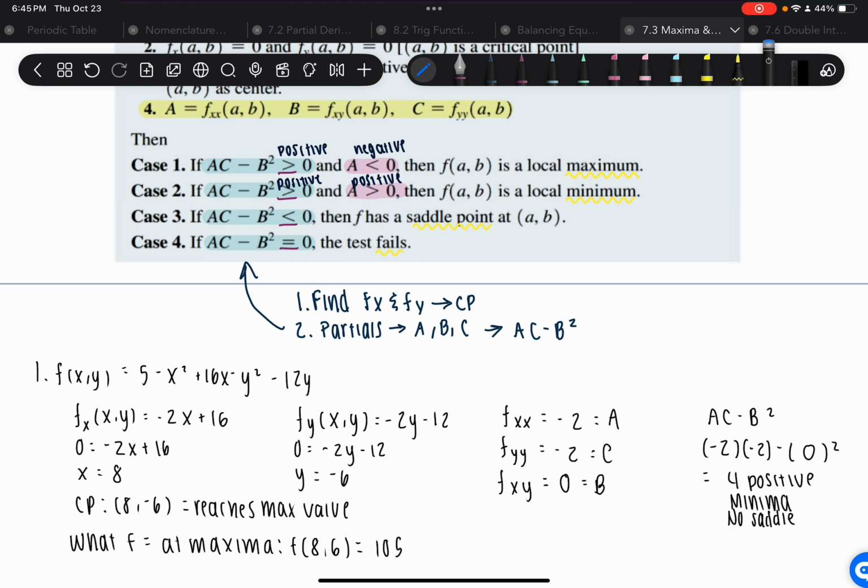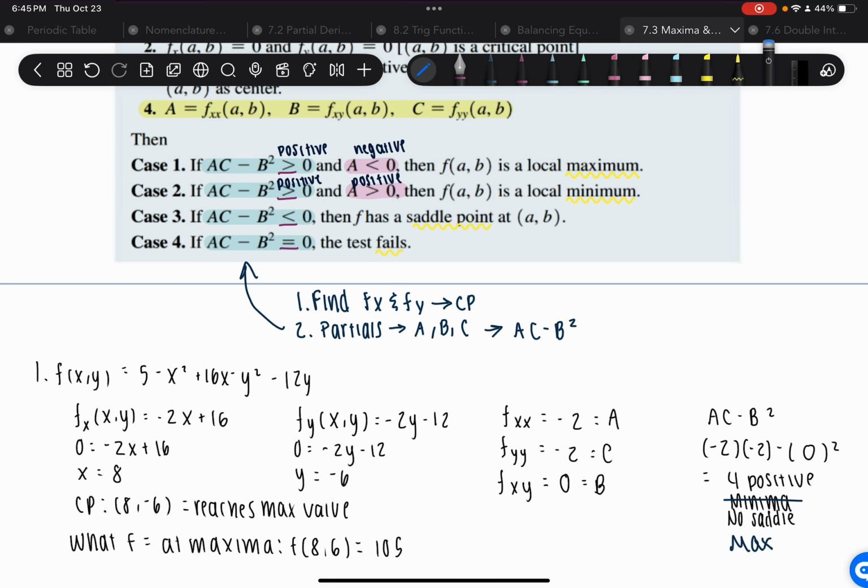So I got a positive number from the equation, and my a value here is negative, meaning I have a max. Sorry, I made a little mistake here. So I have my critical point and I have a local maxima.